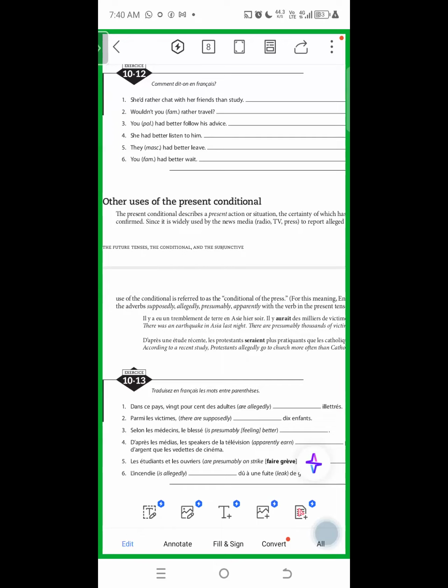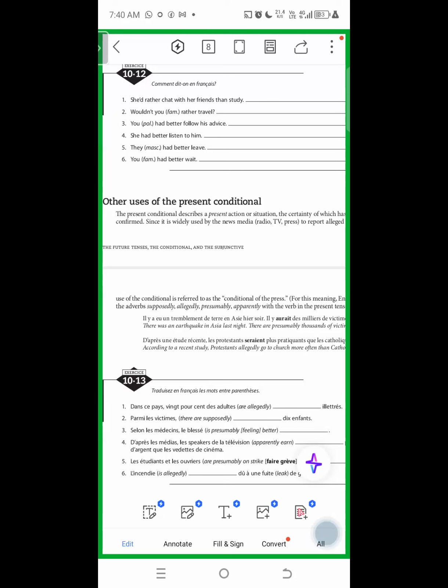Please say it again. Vous feriez mieux de suivre ses conseils. The verb is suivre, to follow. That's S-U-I-V-R-E, right? Yes, to follow. Suivre ses conseils.